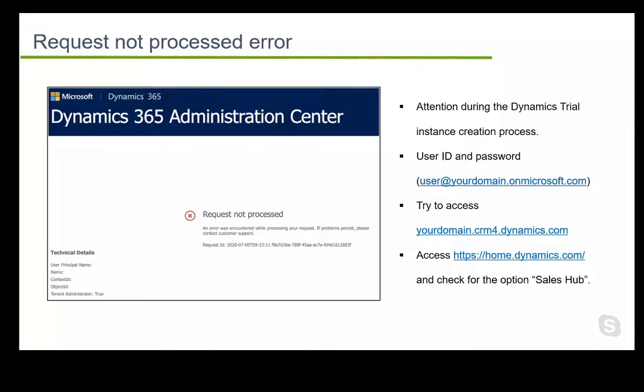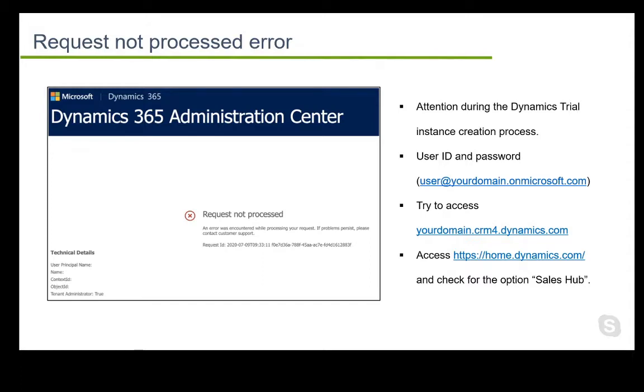So what we can advise you to do is to take notes on your user ID and password, the same user ID and password that you created while you're doing the process to create the trial instance. And when you try to access the domain that you created, for example, yourdomain.crm4.dynamics.com, it should go directly to your Dynamics environment. In some cases, it just asks you to confirm the username and the password.